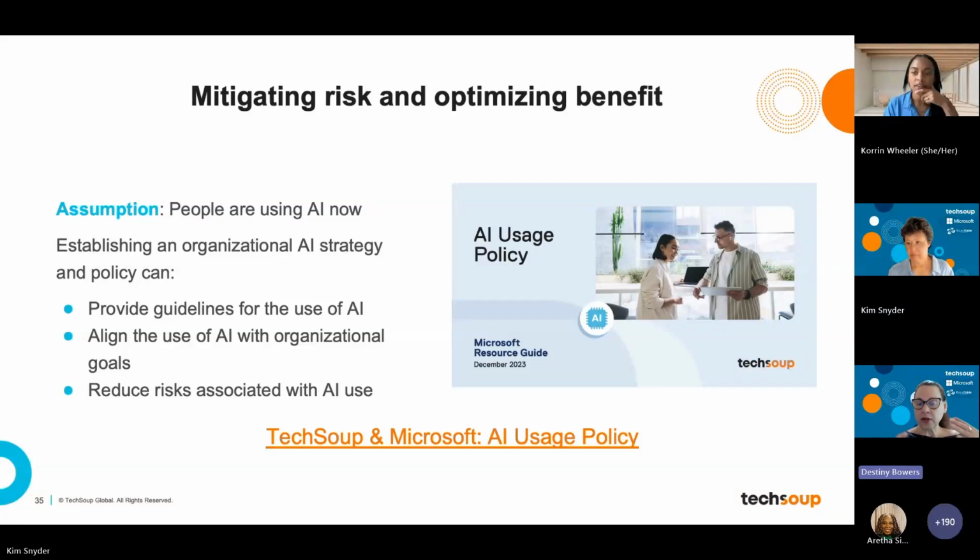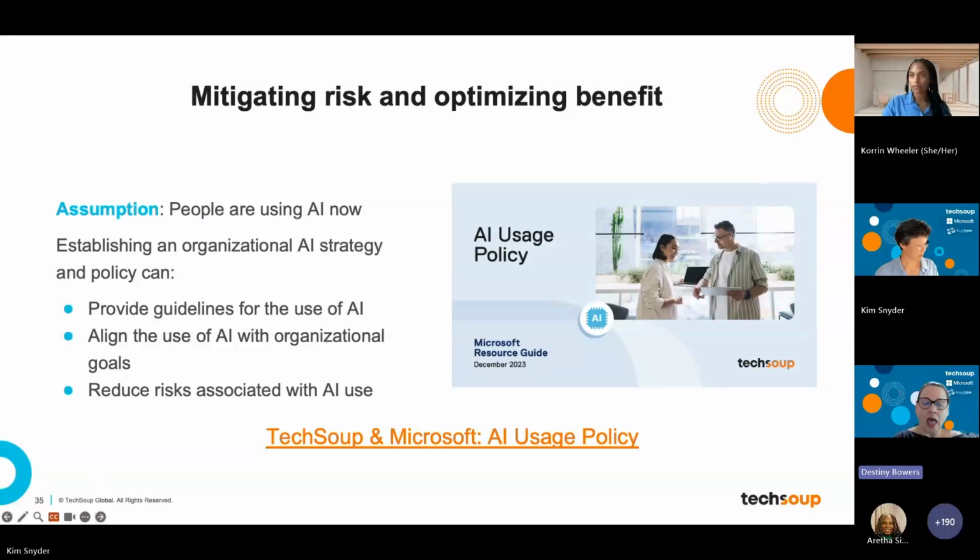There are some concerns that I'm seeing expressed here: how do we make sure we're not using other people's IP? How are we making sure that we're not displaying to our patrons and other folks that we're not using genuine human-created content? Where is it okay that we use this for review? So a lot of this is what you want to consider within your policy for your organization, in conjunction with what tools we are allowing folks to use.